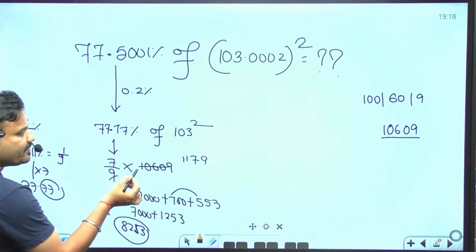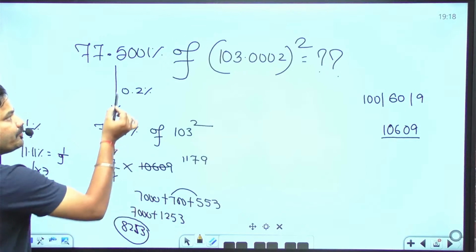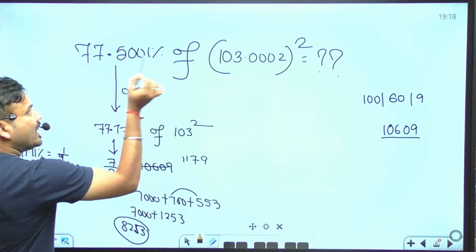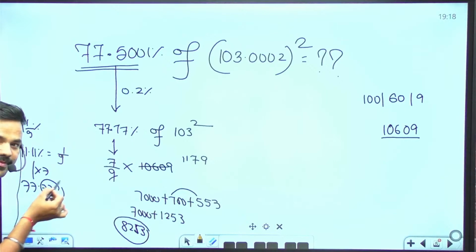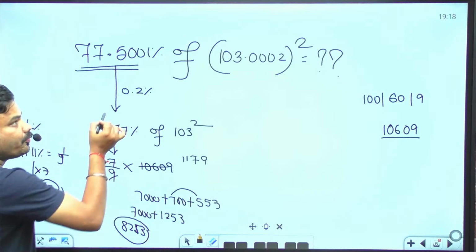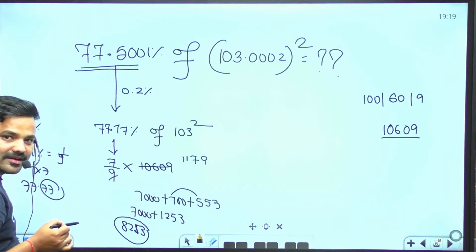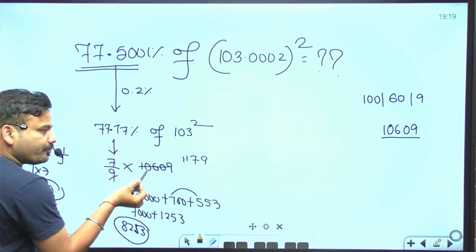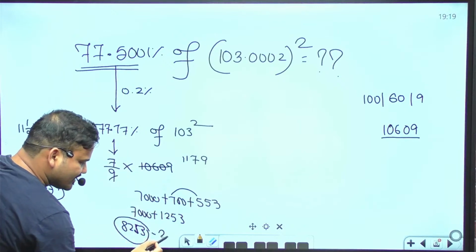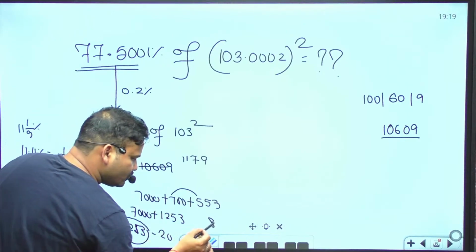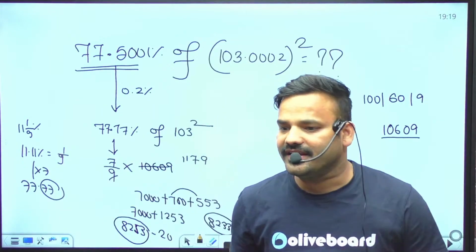What is 0.1% of this? 0.1% is 10, so 0.2% is 20. That 20 I have taken extra, so the answer will be 8233. So near about 8233 will be the answer.